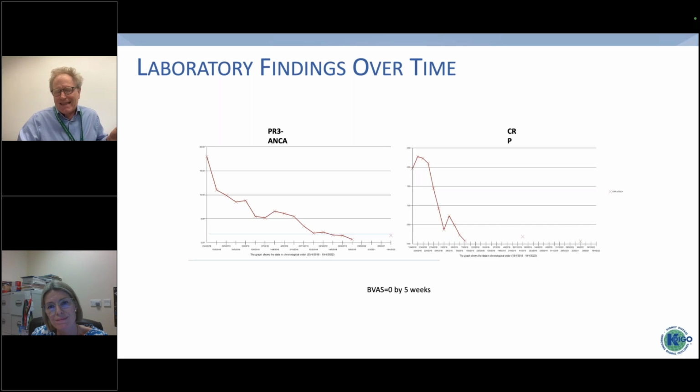The other point you need to consider for an individual patient is what would be the consequences of relapse for that patient. And if the manifestations are predominantly ear, nose, and throat or lung, you will pick that relapse up early because the patient will be symptomatic, and there are unlikely to be long-term consequences.